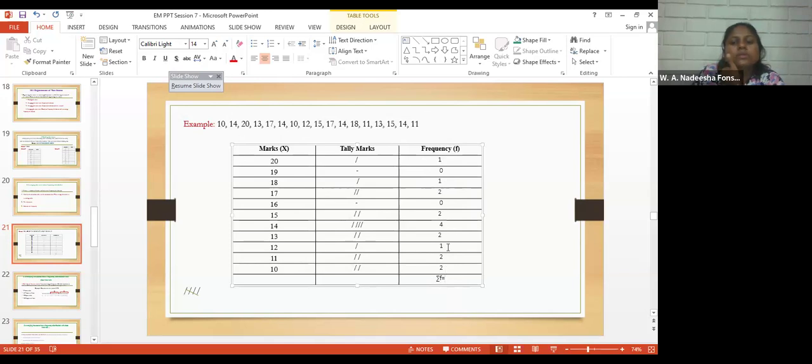Then yes, 17 here. So there are 17 data. If you put tally marks correctly, this number of data should equal the sigma f here. Sigma is the addition I told you previously. So it equals 17. So this is the frequency distribution table.